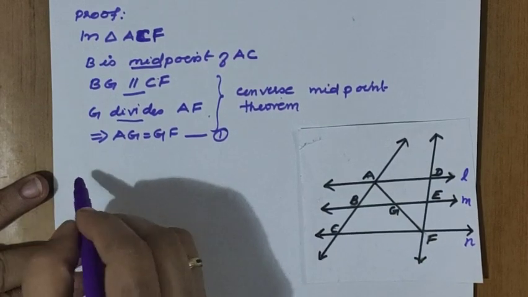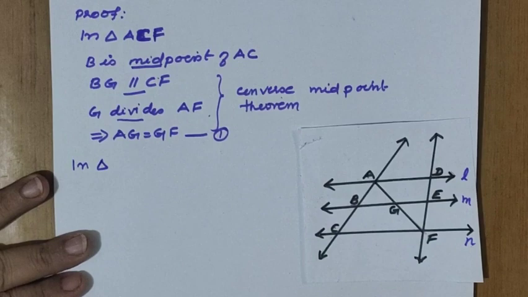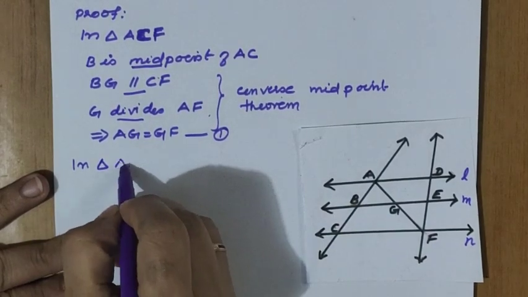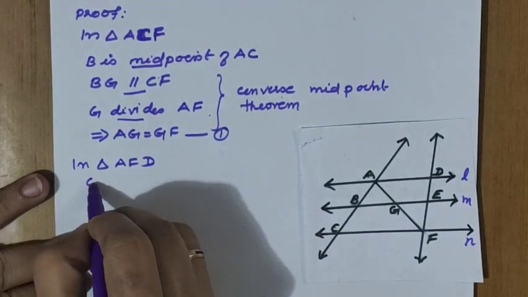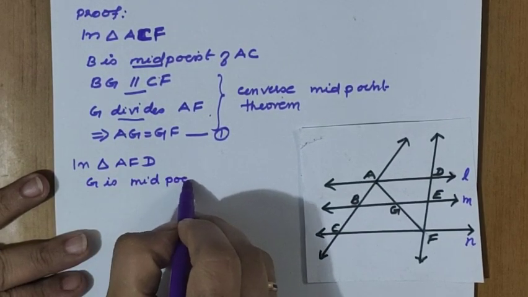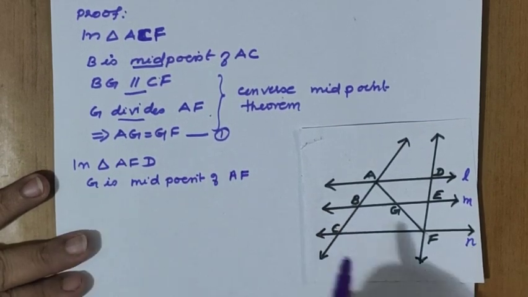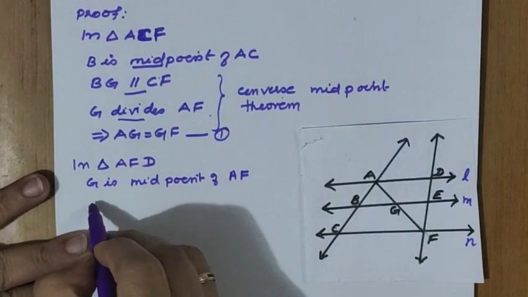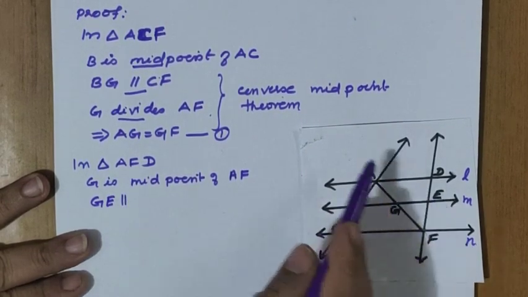Now G is the midpoint. We'll write in triangle AFD, G is the midpoint of AF. Okay, now from G, which is the line parallel? GE parallel to AD.